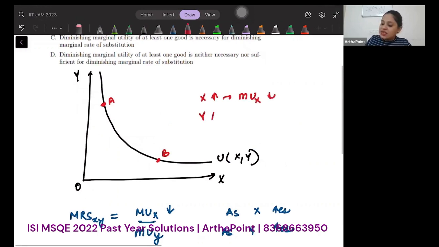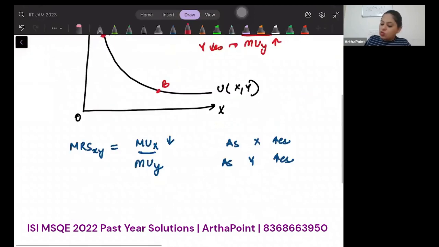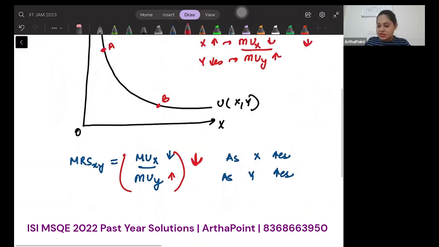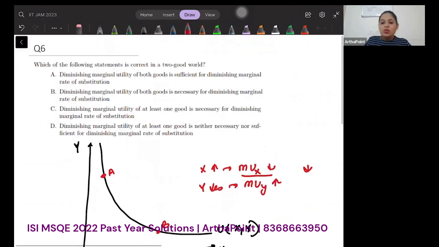Y is decreasing, so its marginal utility increases. So we are talking about diminishing marginal utility for both the goods.